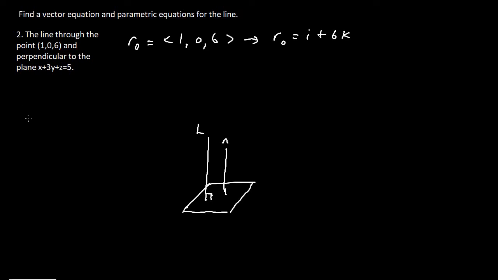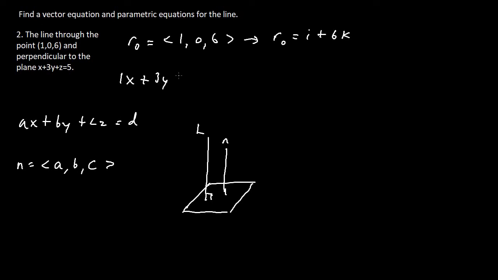Now planes are always written in the equation ax plus by plus cz equals some constant d, as shown here. And so a normal vector for a plane is always written in the form a, b, c. So the normal vector in this case, let's go ahead and write the plane's equation really quickly. So 1x plus 3y plus 1z equals 5.